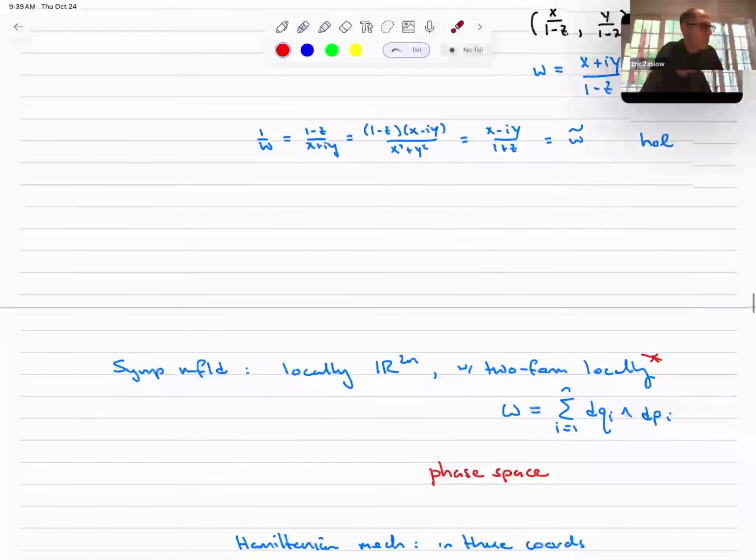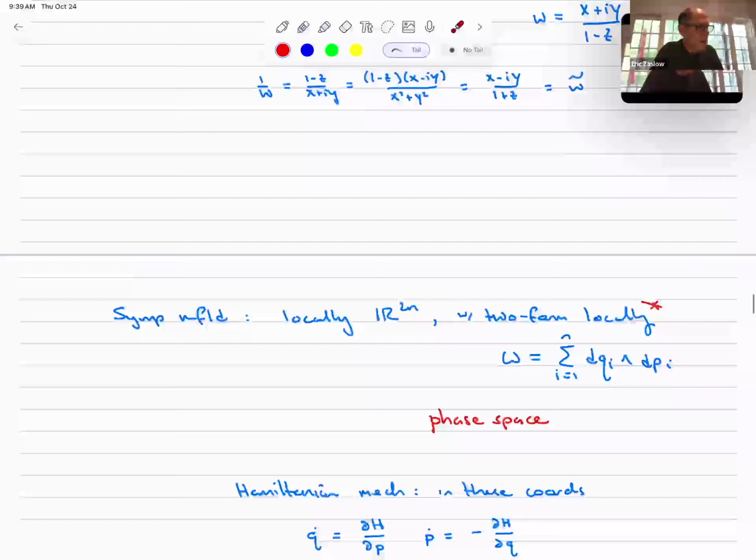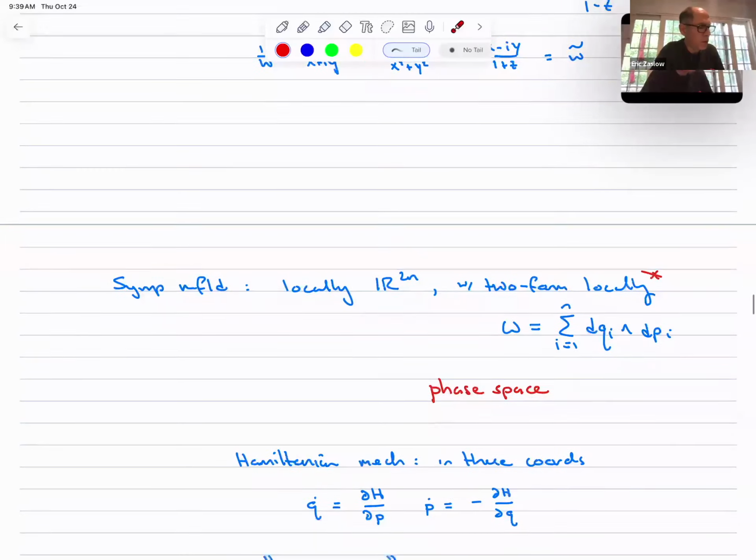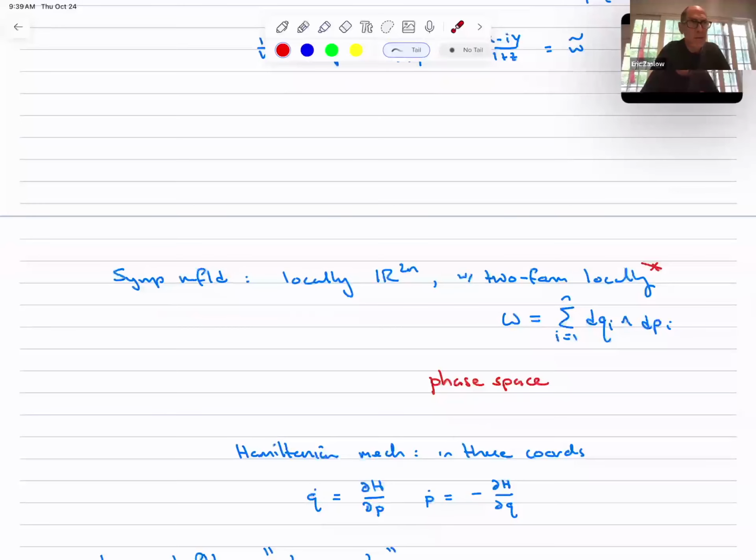Now let's meet a symplectic manifold. Locally, a symplectic manifold looks like R2n. It's even dimensional, and it has some 2-form locally on it. Whatever that is, it allows us to define Hamiltonian mechanics, because the prime example of a symplectic manifold is the phase space of some physical system, where you have positions, and positions can live on some interesting space.